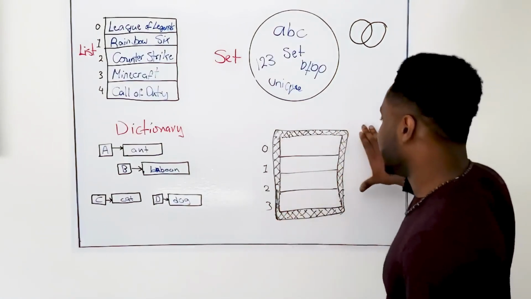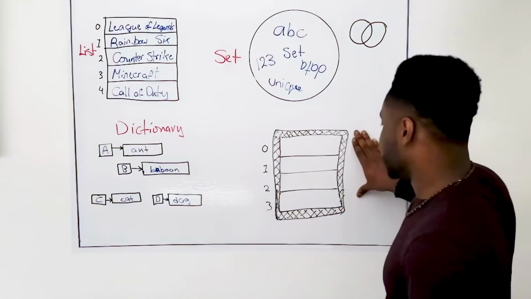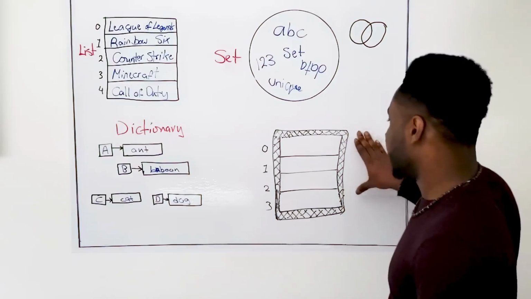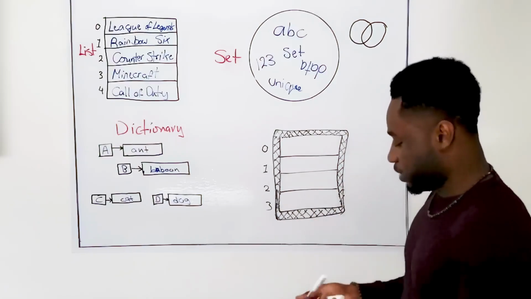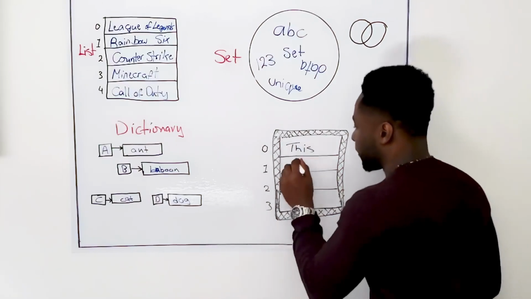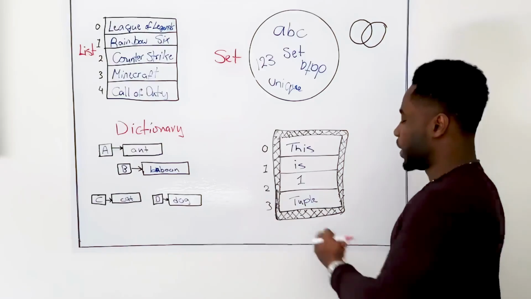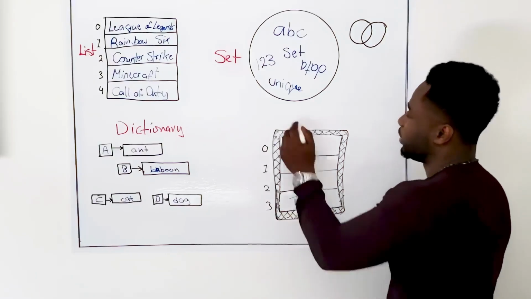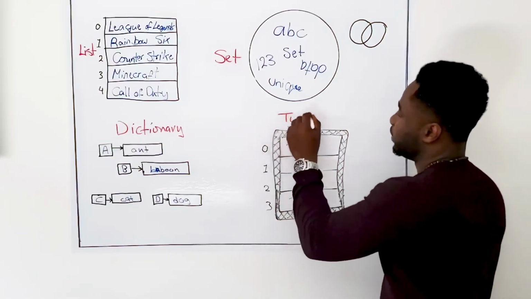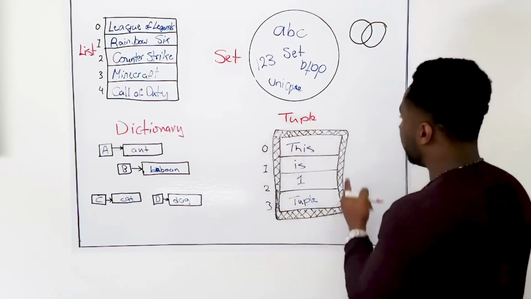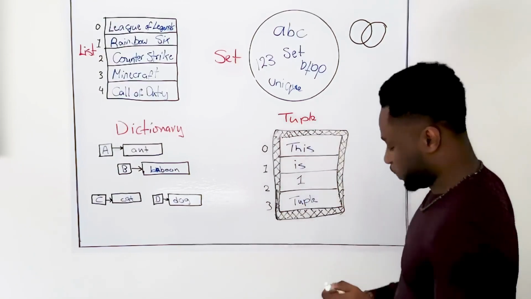This is to indicate that with this, we can't change the elements in here. So let me add some data in here. So as you've probably guessed, this right here is a tuple, okay?